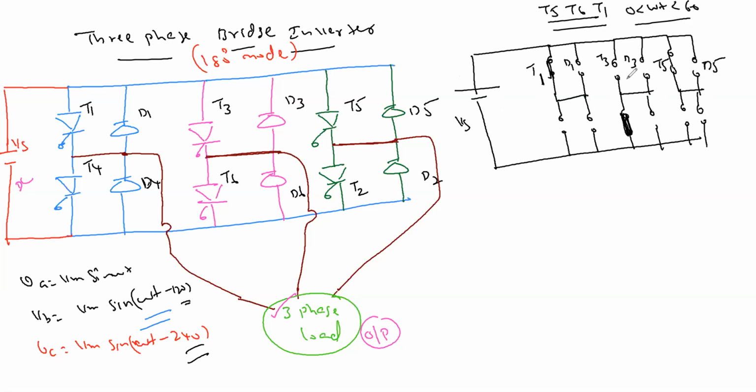So how am I connecting the load? I'm bringing the load outside, one from here, the second load from here, and the third from here. It is a 3 phase load: this belongs to A phase, this belongs to B phase, this is C phase. Suppose there is some impedance, I'm taking a star connected load.